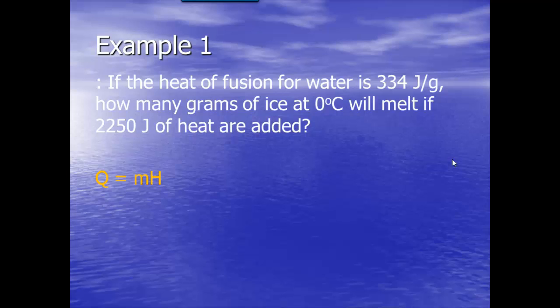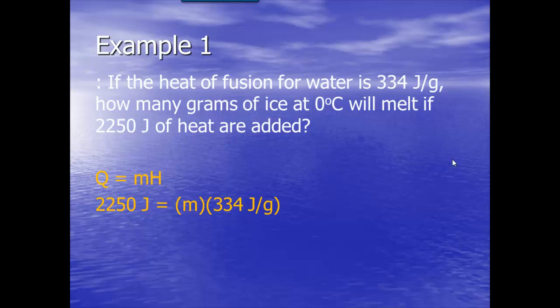Now we're just going to plug in. The 2,250 joules is the heat, and the heat of fusion is the 334 joules per gram number. We're going to plug in those values in the appropriate place. Mass is our unknown. Now, to solve for mass, we need to get the m on a side by itself.